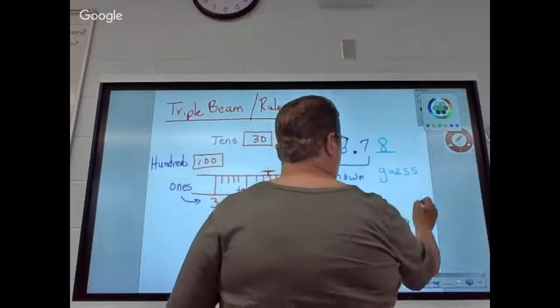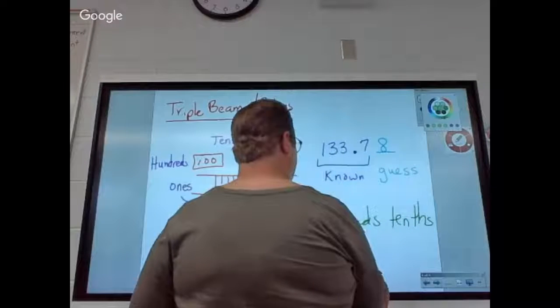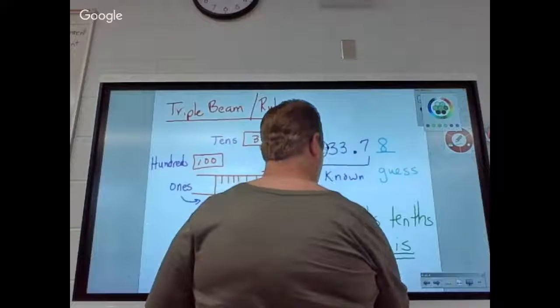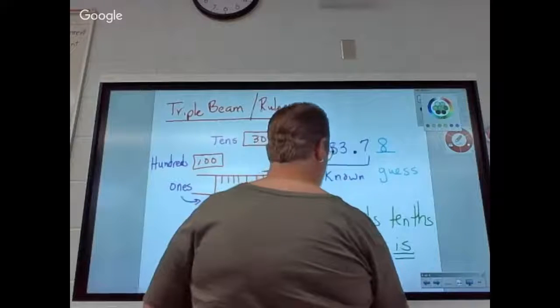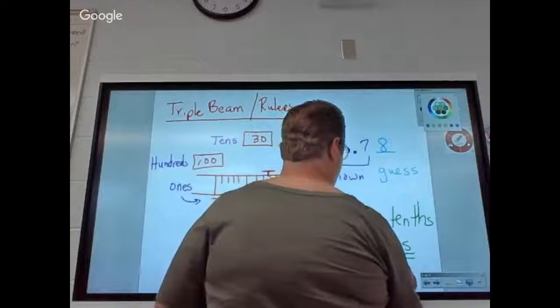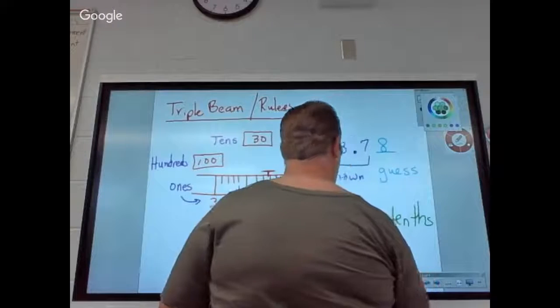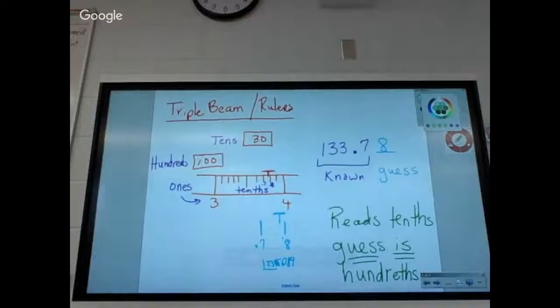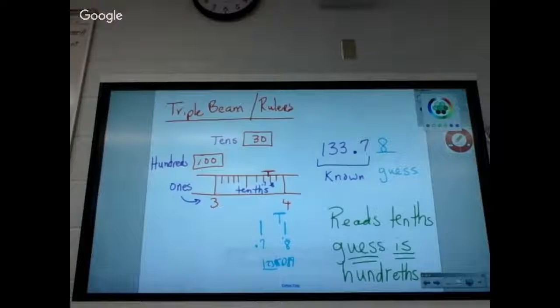Now, the way you know how many significant digits it has is if it reads tenths, the guess is where? The guess is in the hundredths place. So if it reads the tenths, the guess has to be in the hundredths place.